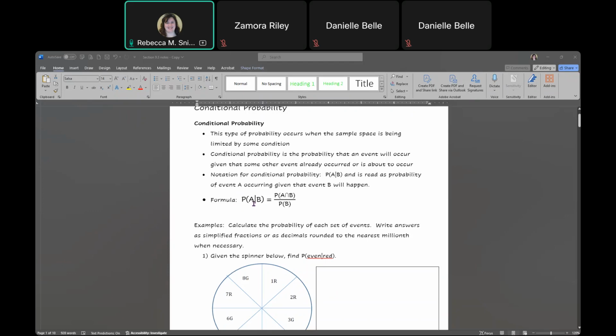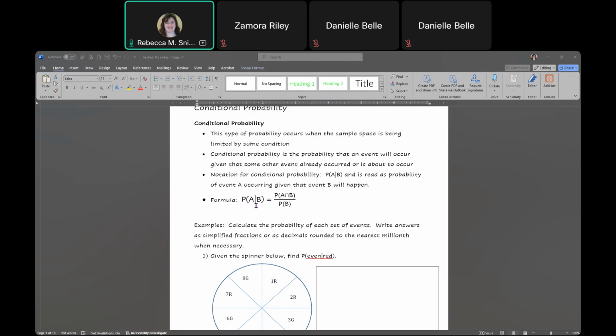So what this probability says is P, find the probability of event A occurring, given that event B had to happen. And so essentially we're taking the probability that both A and B happen over the probability that B had to occur, because that was our limiting probability.